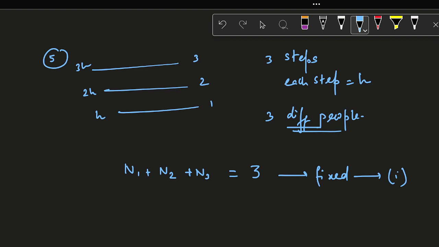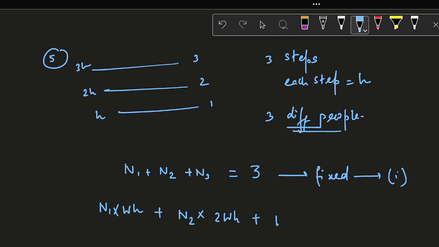As you go towards higher steps, you are increasing the height, so accordingly the potential energy is also increasing. Now we have to calculate the total potential energy. It will be n1 times Wh. That means for the first step, the potential energy for each person is Wh, and if there are n1 people in the first step, then the total will be n1 times Wh. Similarly, for the second step, if there are n2 people standing there, each person will have a potential energy of 2Wh, so n2 will be multiplied by 2Wh.